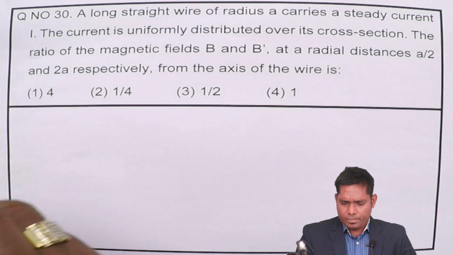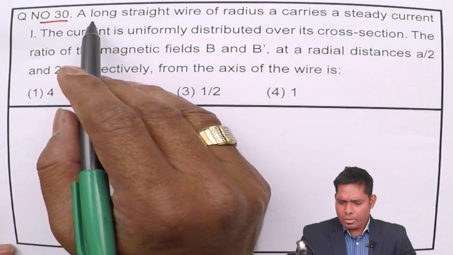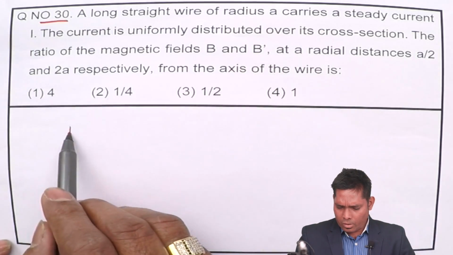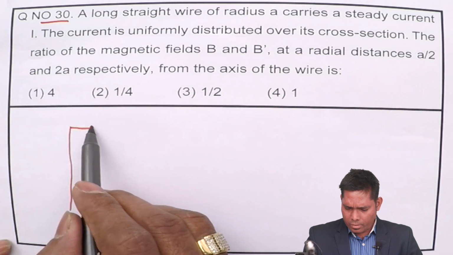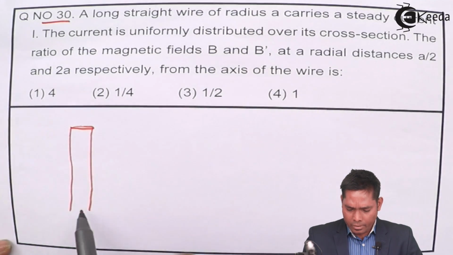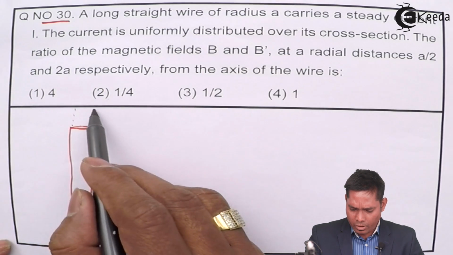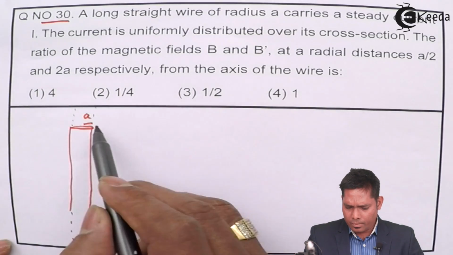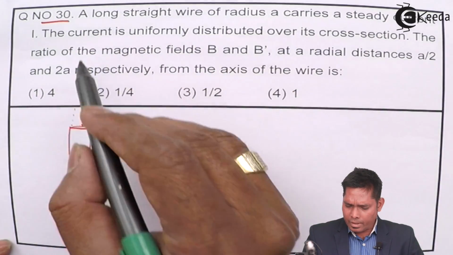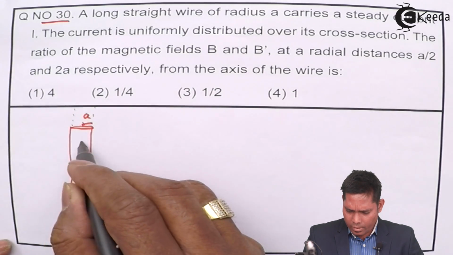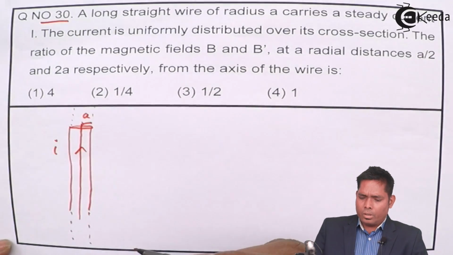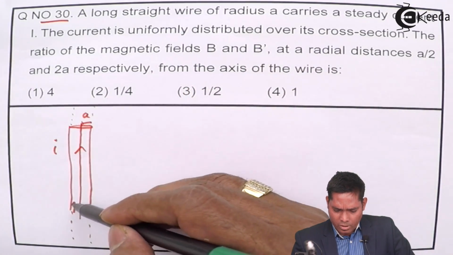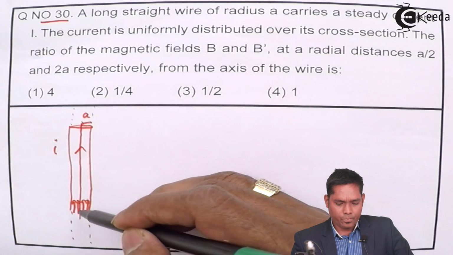It says a long straight wire of radius A, very long, going up to infinity, carries a current I. The current is uniformly distributed over its cross section.